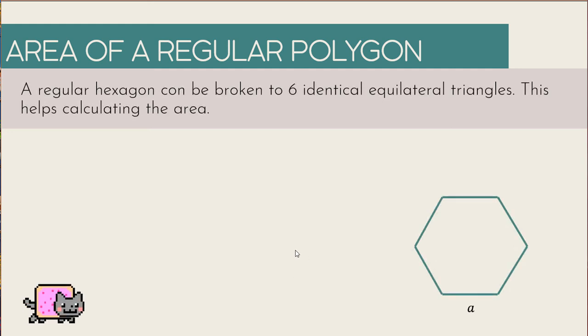Now move on to the regular hexagon. It looks a little bit difficult, right? But if we use a trick, we can reduce this to a very simple problem. A regular hexagon can be broken into 6 identical equilateral triangles, like shown on the screen here, and this will help us calculate the area.